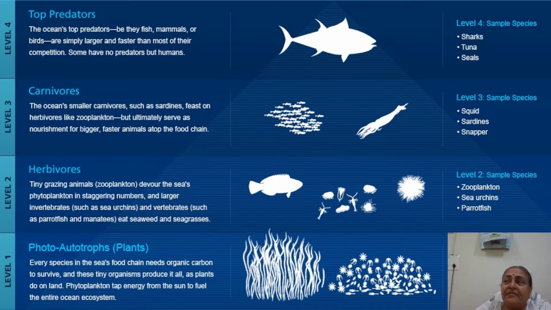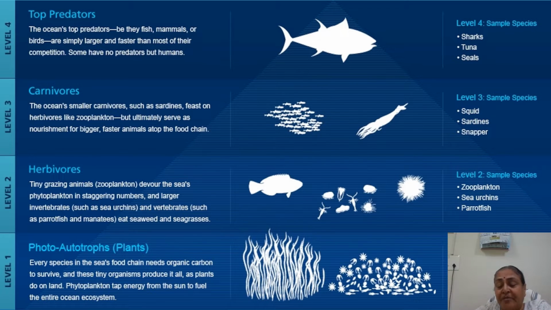See friends, this is a marine ecosystem. Here we see the levels of organisms participating in the marine ecosystem, but at the base, where we consider the photoautotrophs or the plant group known as producers, in the marine ecosystem or in the sea, are the marine algae.